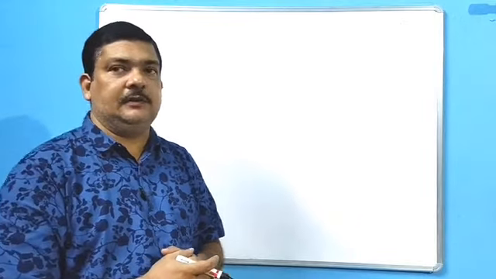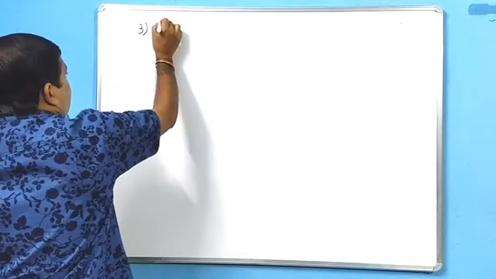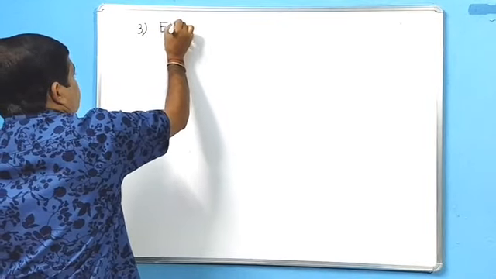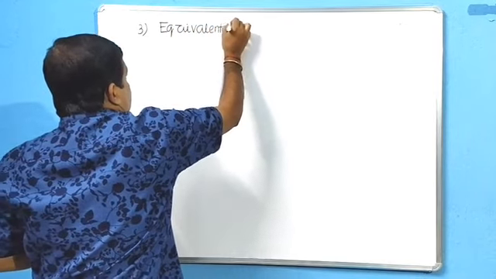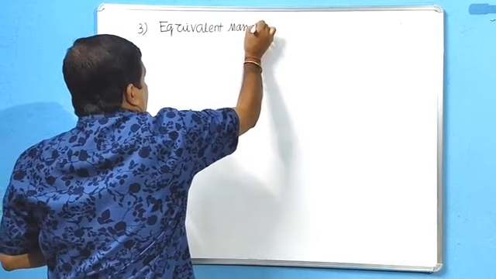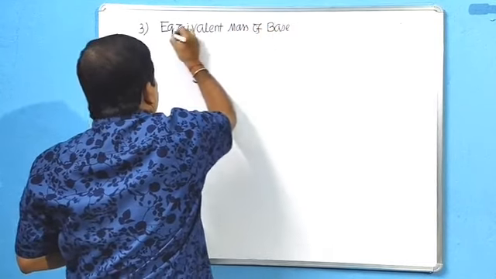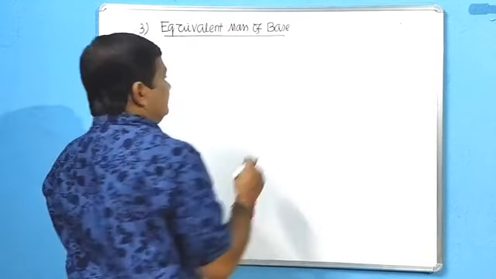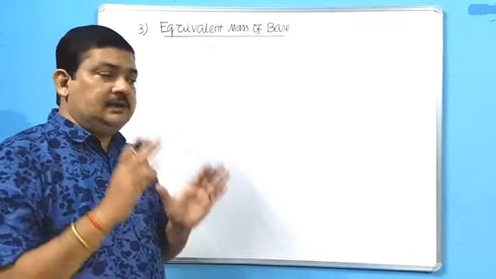Next, students, we will discuss the equivalent mass of base. That is formula number 3. Equivalent mass of base. So first I will give you some examples, then I will define what is a base.